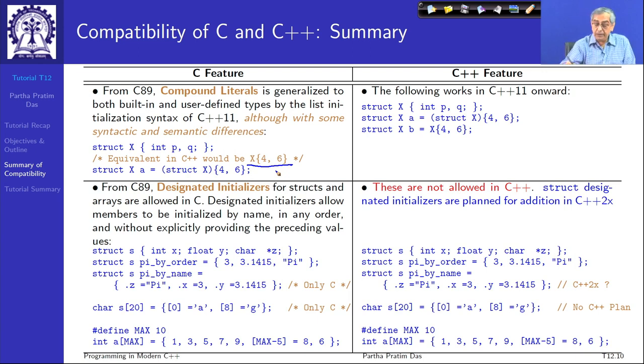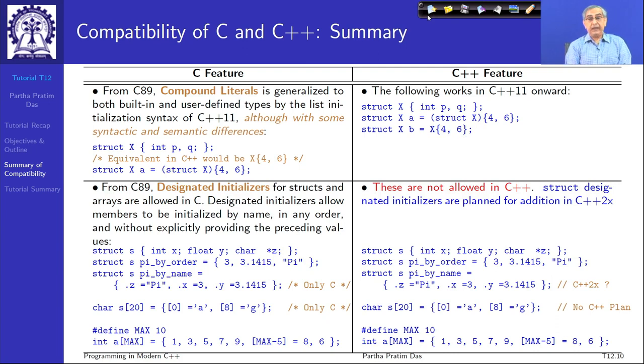Now, from C++ 11 onwards there is similar support, but earlier C++ 03 does not support this kind of compound literal. C++ 11 does. So, in C++ 11 you can write this, you can write this, all will work.